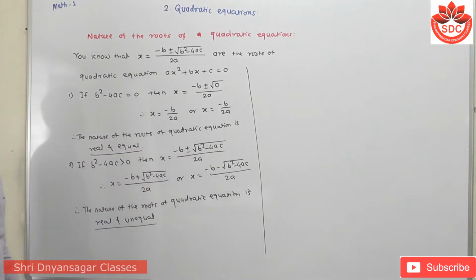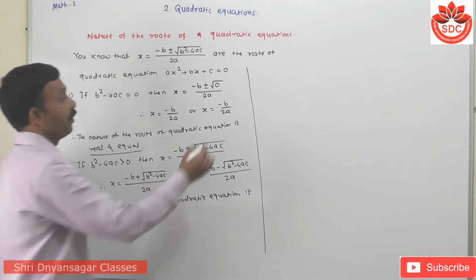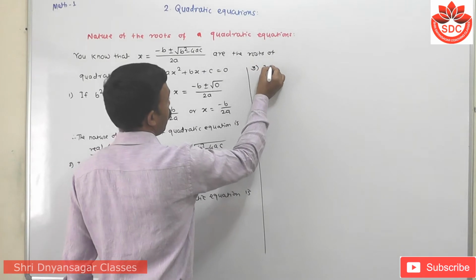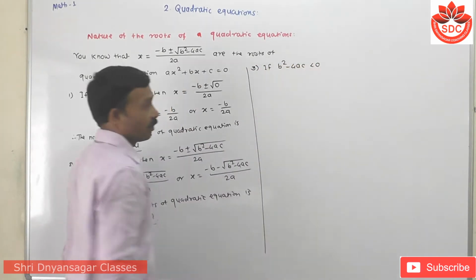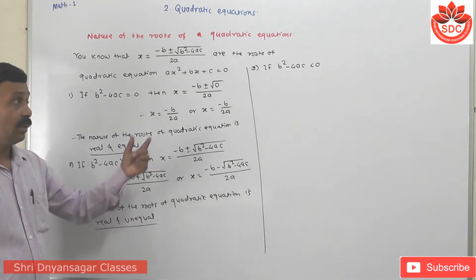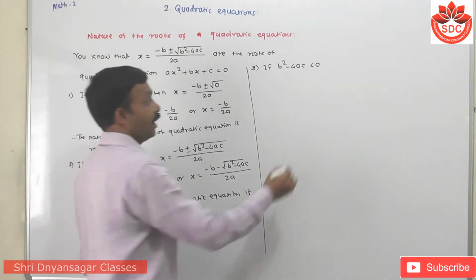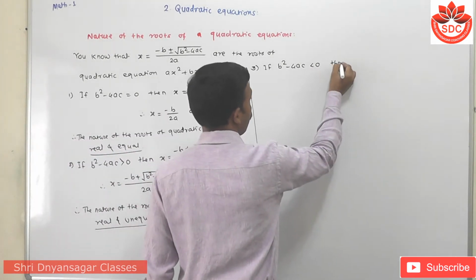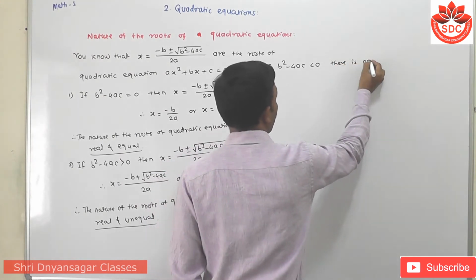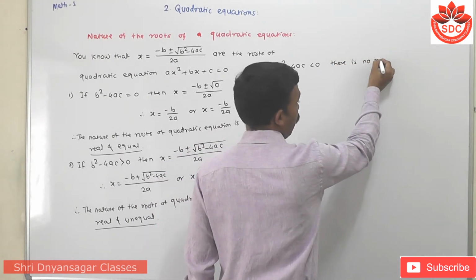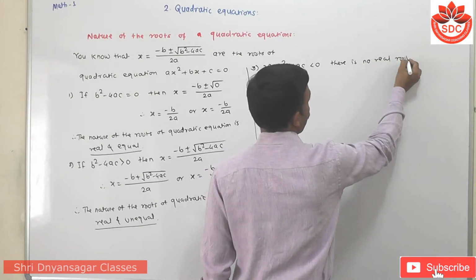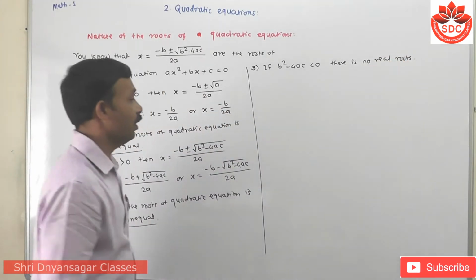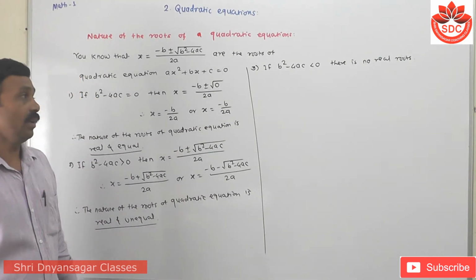Now student, if b square minus 4ac is less than 0, meaning the value is negative, at that time there are no real roots. The roots are not real.